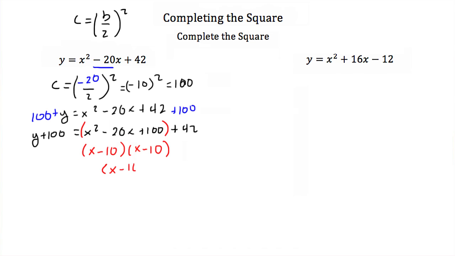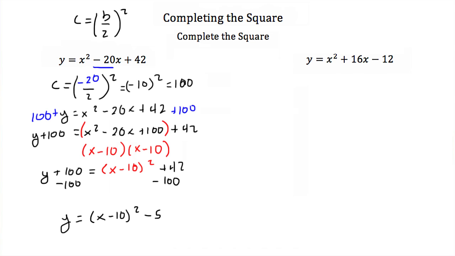So if this is x minus 10 times x minus 10, we can also write that as x minus 10 squared. And then don't forget that we have this 42 on the outside, and the other side is still equal to y plus 100. Now if we simplify this, we'll subtract 100 from both sides, and we get y is equal to (x minus 10) squared minus 58.